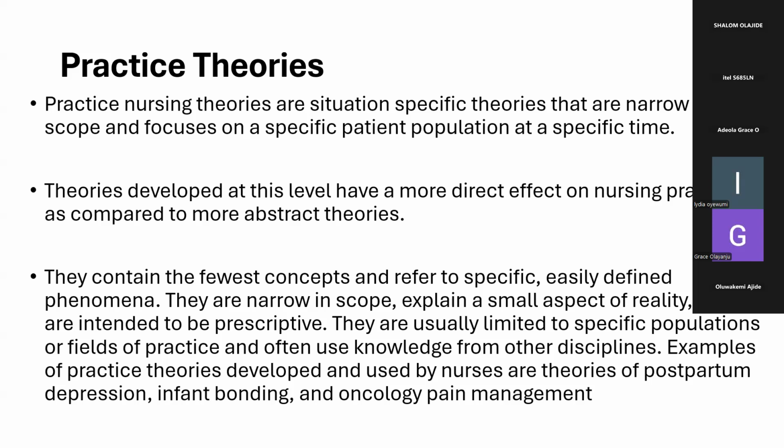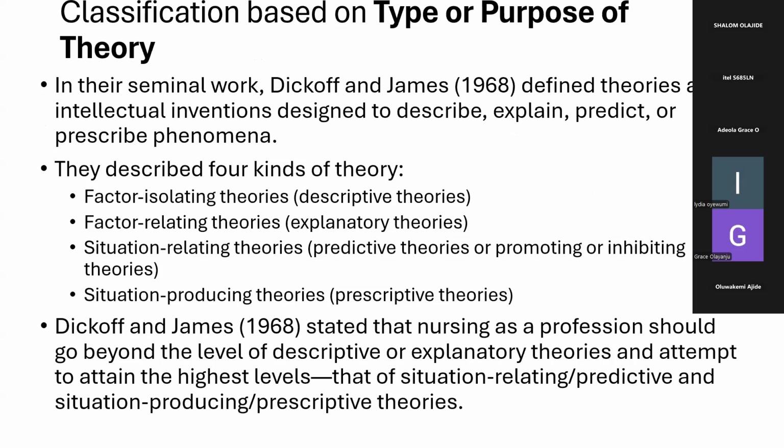So when you are reading or examining theories, you should realize the scope of each of these theories, and that will guide you in developing your own theory. So now, these are theory classifications based on scope.